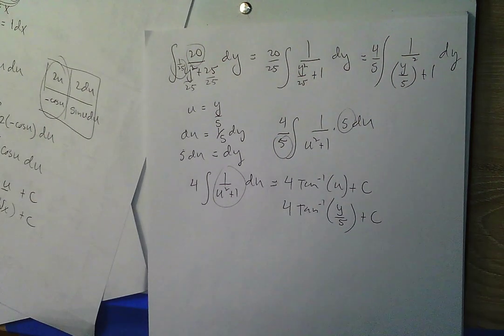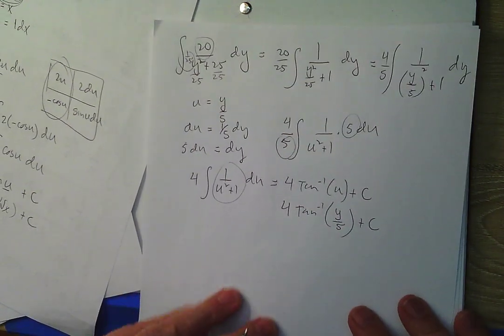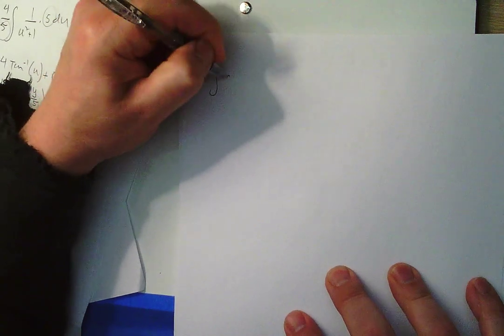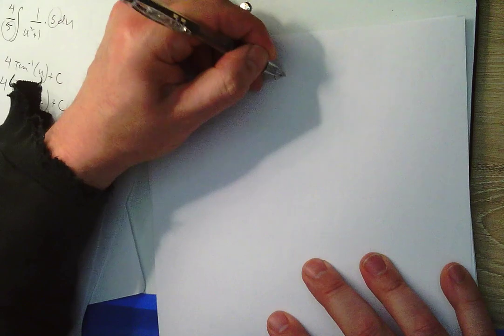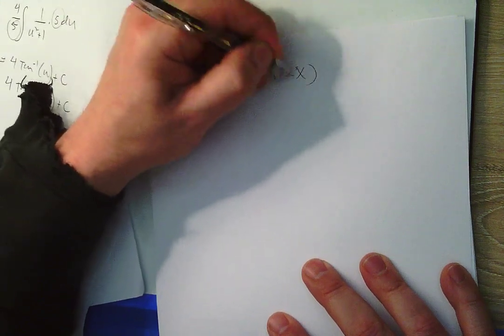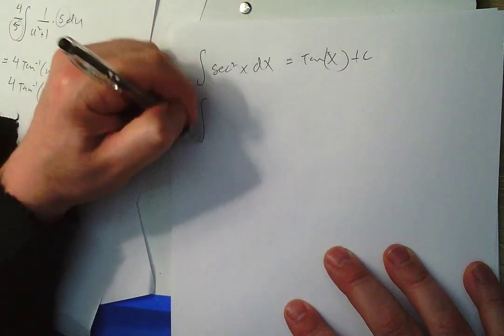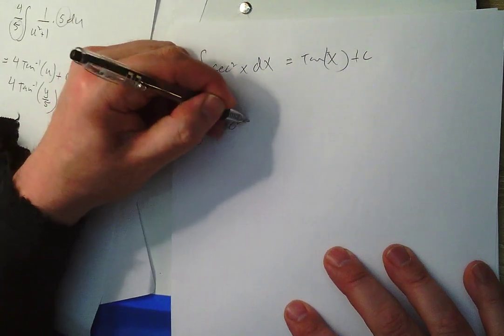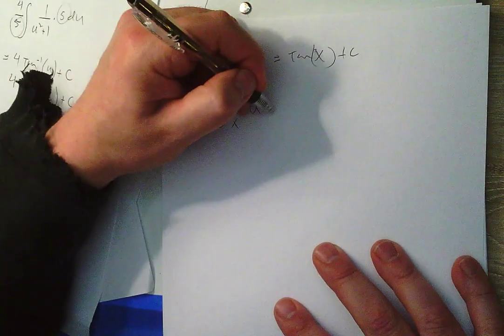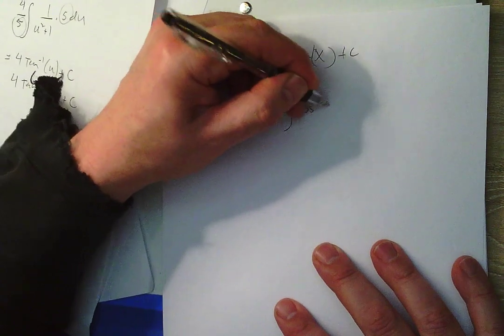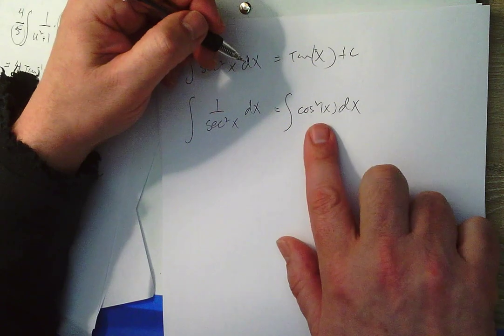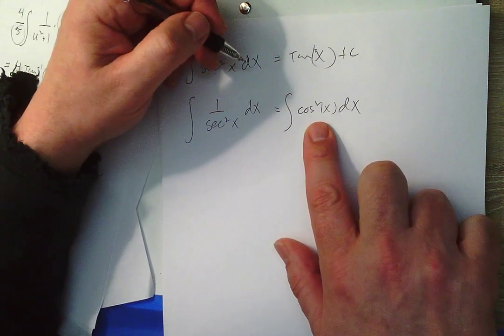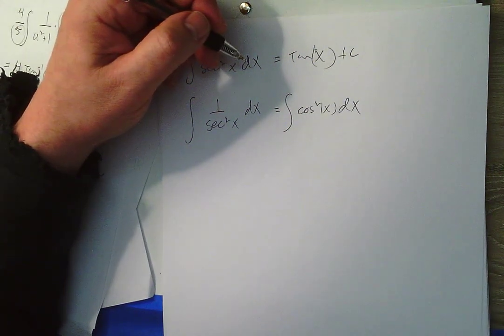Okay, last few that I want to do with you, more of the ones that people get confused. The integral of secant squared x dx, that's just tangent x plus c, but the integral of 1 over secant squared x dx, that's a different matter. That's cosine squared x dx. And remember, when we have to do the antiderivative of cosine squared, I'm not doing by parts here.